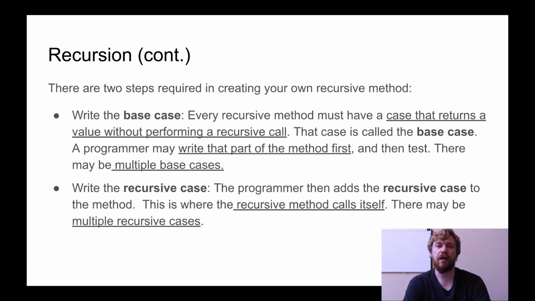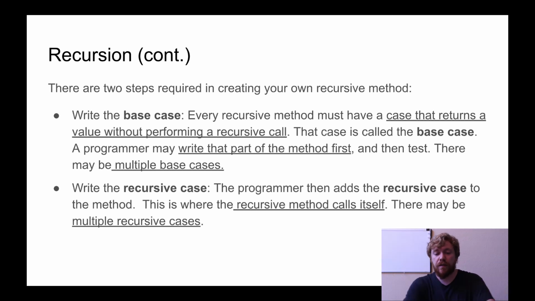So you've seen in our example that our base case was when x was equal to 0, but you could also have a specific base case for when x is equal to 1 or when x is equal to 2, in which case you might have a larger if, else if statements.